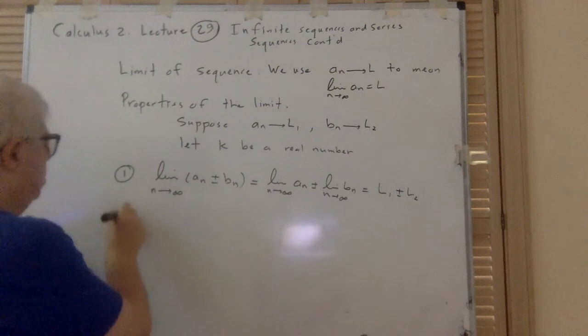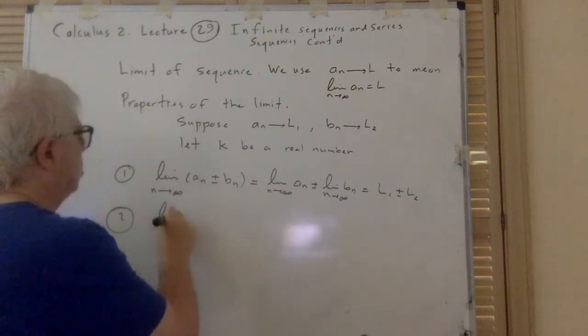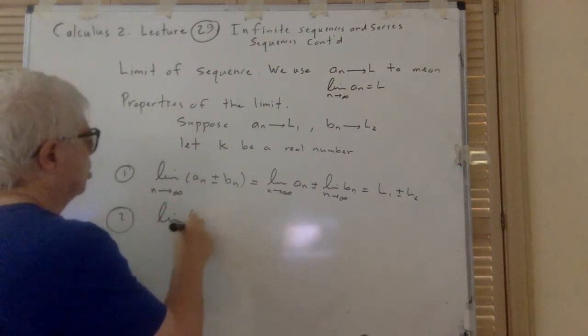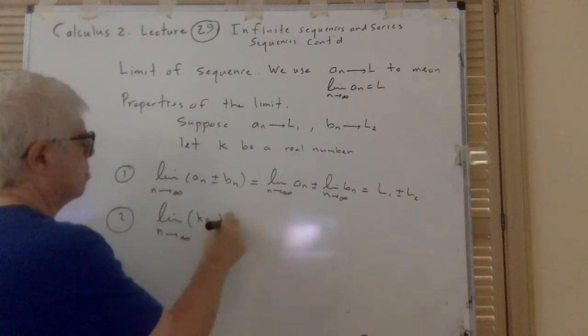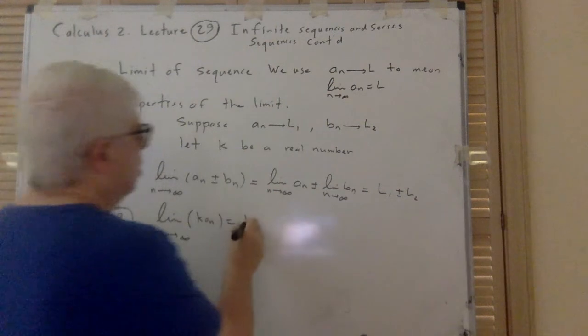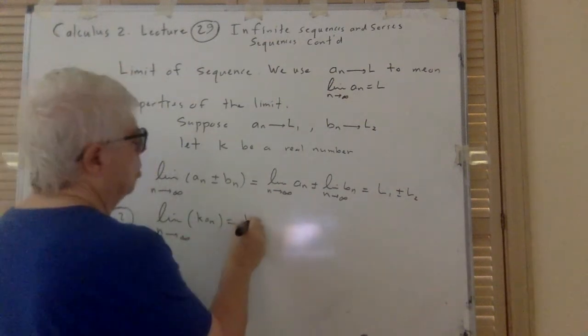2. What happens if I multiply one of them by a constant? This is k. The k can come out, it has nothing to do with that limit.